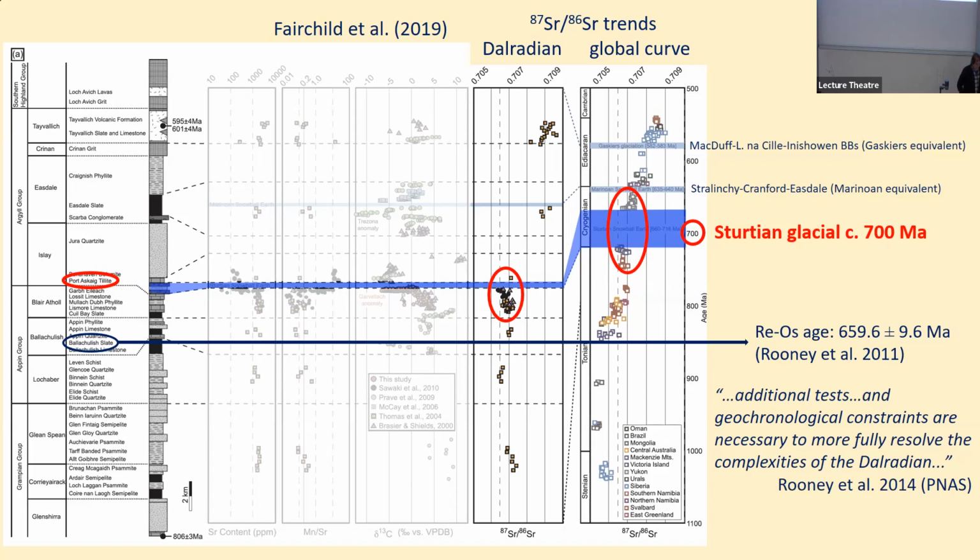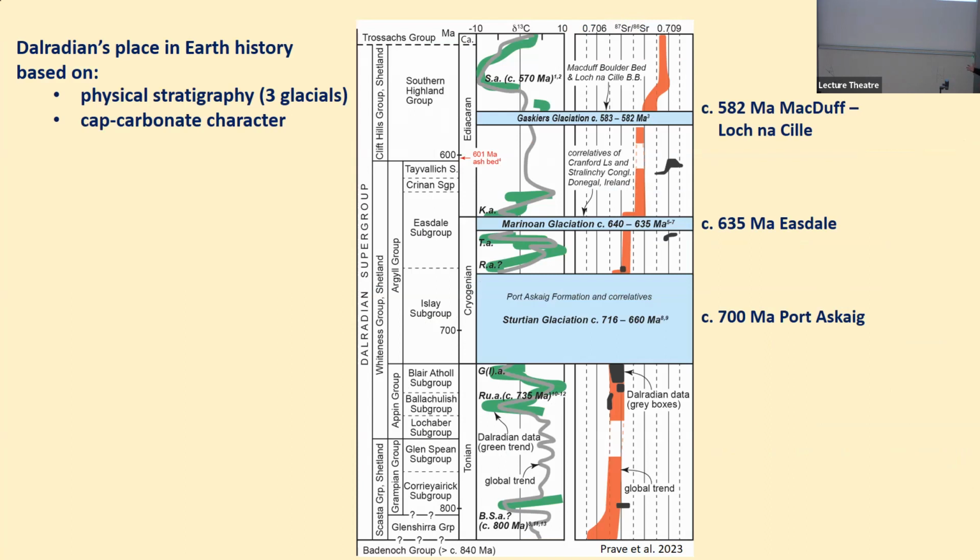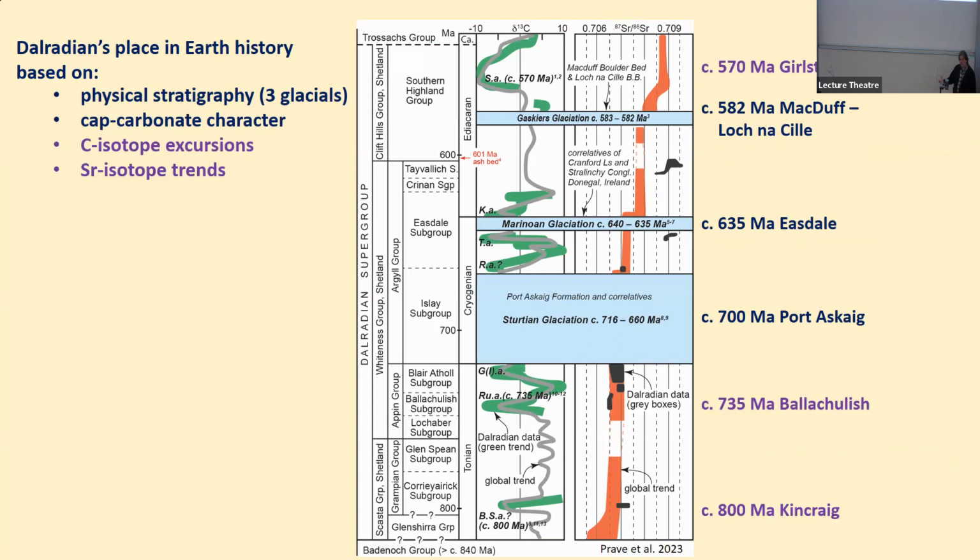All right. So if we put the Dalradian then in its place in Earth history, the physical stratigraphy says that we have the 3 glacials matched with cap carbonate character. We have the carbon isotope excursions and the strontium trend that is global.